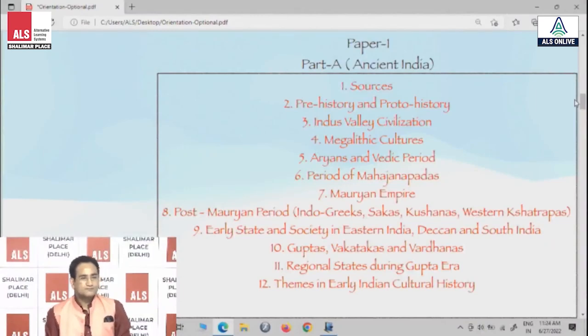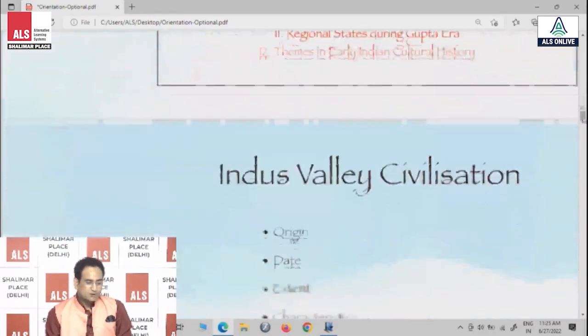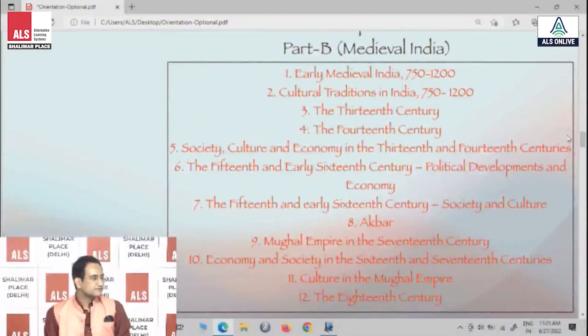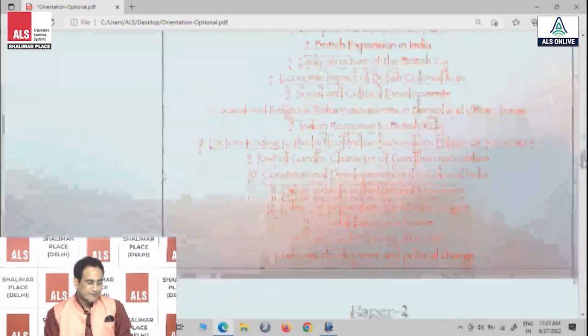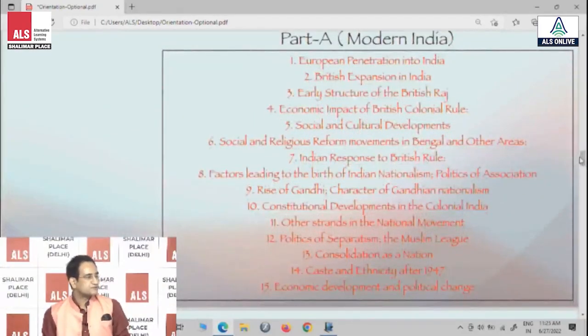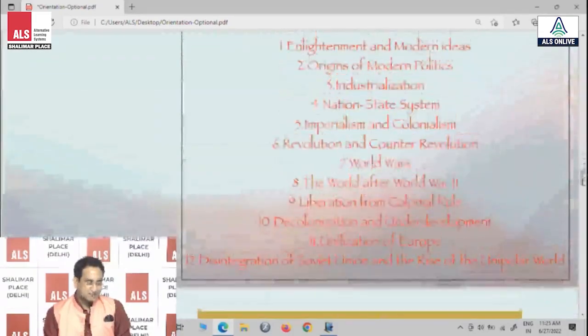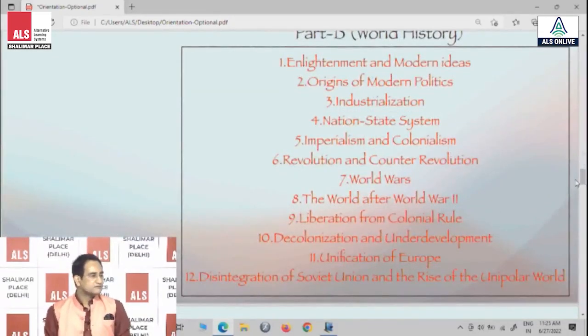In paper 1, part 2, section 2, they have mentioned 12 topics. Then in paper 2, they have mentioned, suppose, 15 topics. And then in the last part of paper 2, world history, they have mentioned 12 topics. So how many topics have they mentioned in your history optional syllabus?